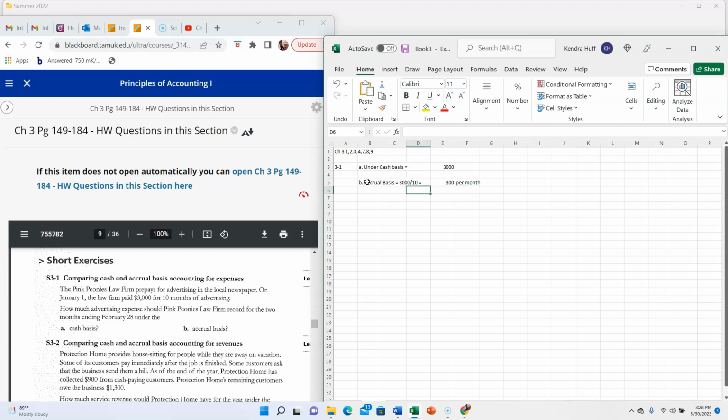And then 2 months have gone by, January and February. So multiply that together, and your expense for January and February would be $600.